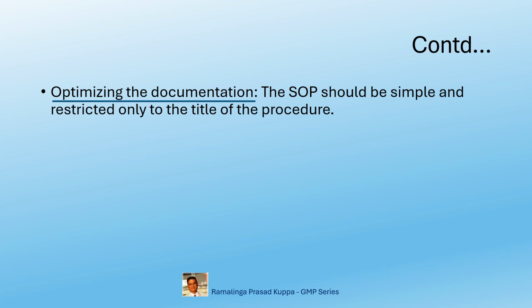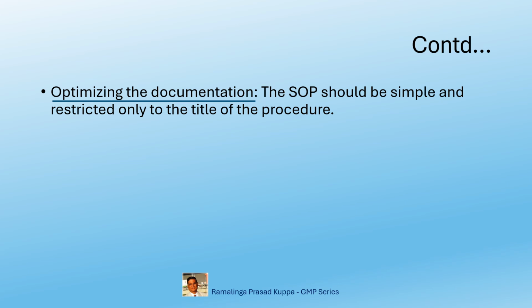For example, there is a big SOP titled Receipt, Quarantine, Sampling, and Dispensing. See the scope of this title. Entire warehouse procedures are captured in one single SOP of, say, about 50 pages, in which the text is paraphrased from the guideline. It is very difficult for a normal IQ person to understand in total.